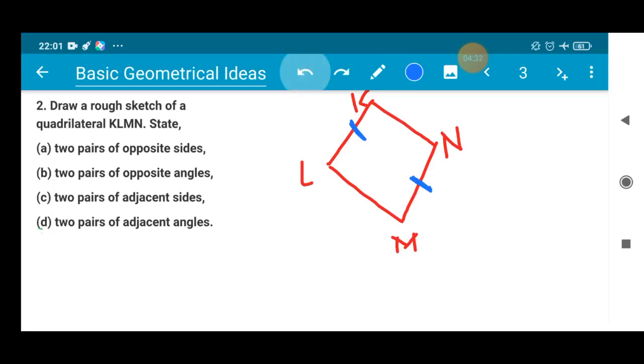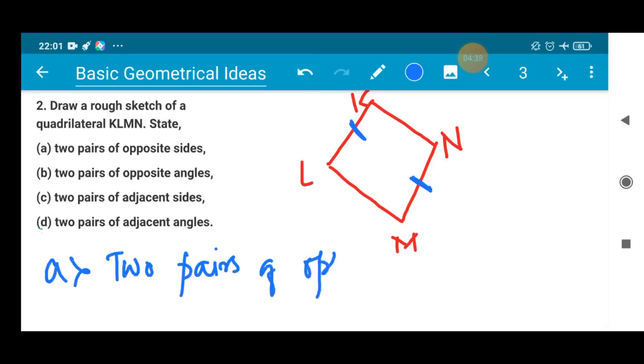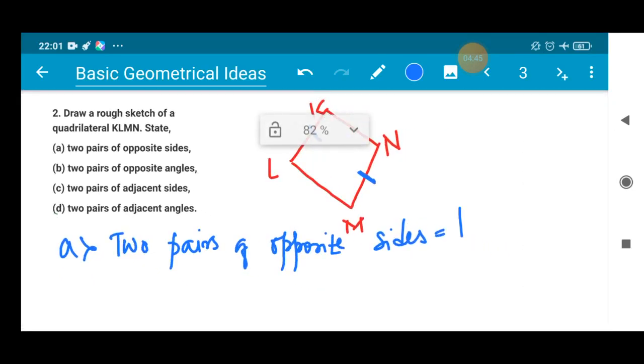Let me write first, number A, two pairs of opposite sides. KL is one side, the opposite of KL is MN, right?